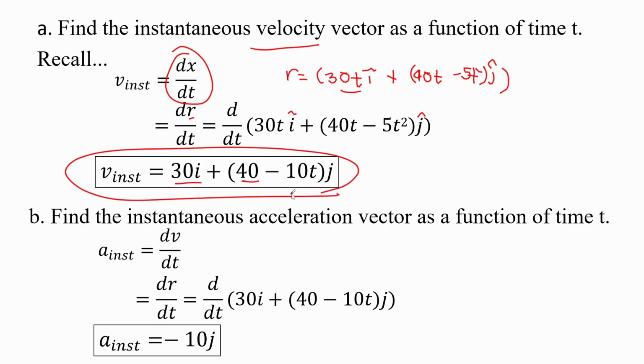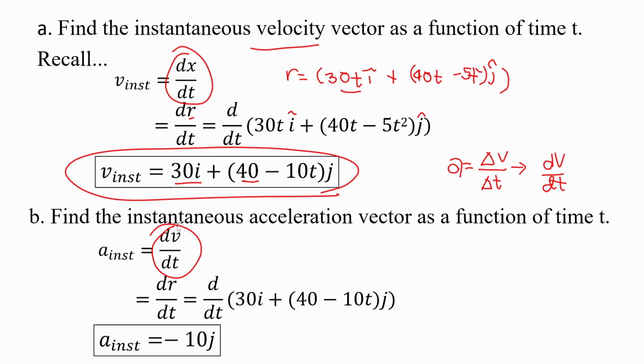How about letter B? Find the instantaneous acceleration. So if you remember, acceleration is just the change in velocity over change in time. If you make delta t approach 0, this becomes dv/dt. So dv/dt.